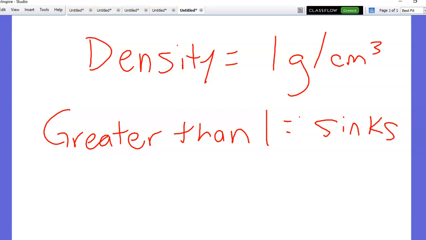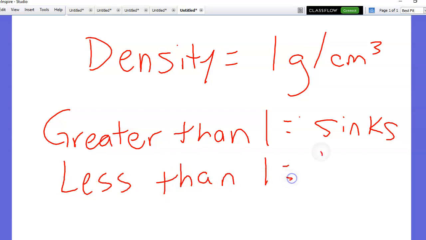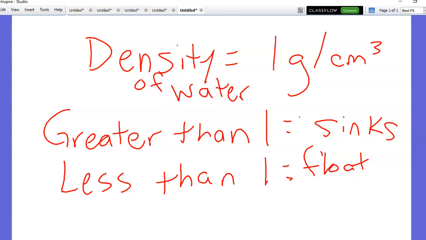If it's less than 1, it will float in water. That's the density of water. More dense things sink, less dense things float on top of it.